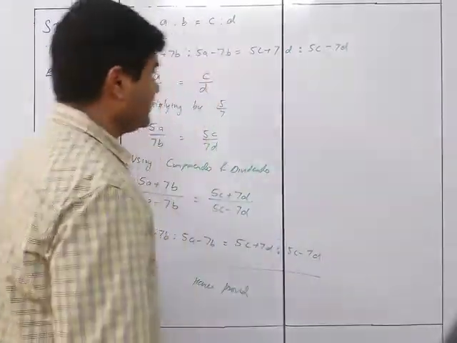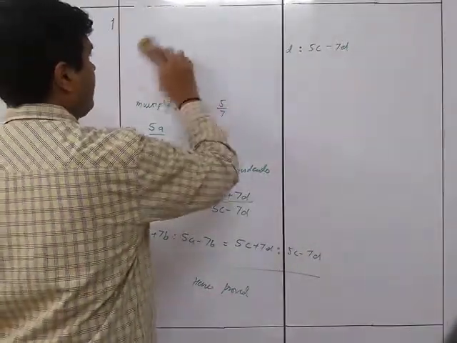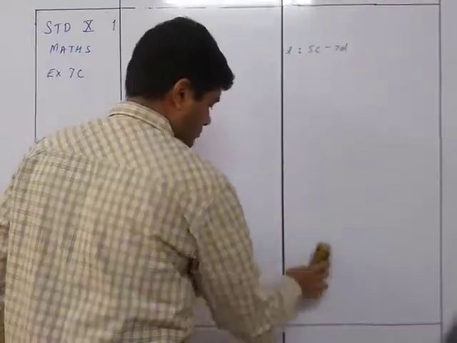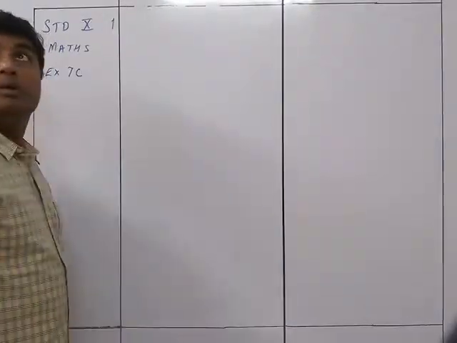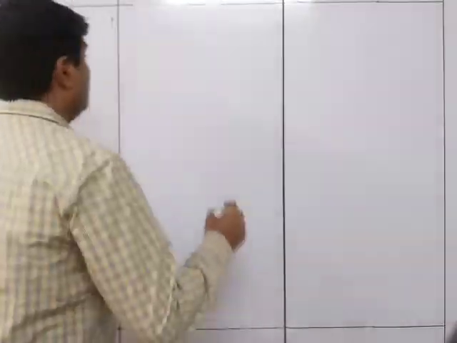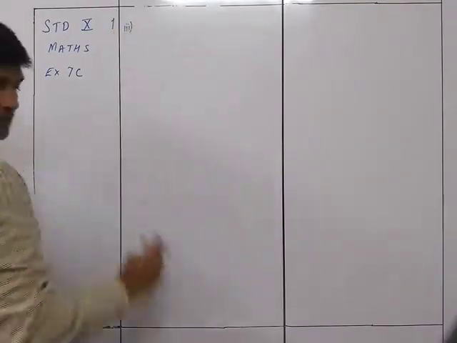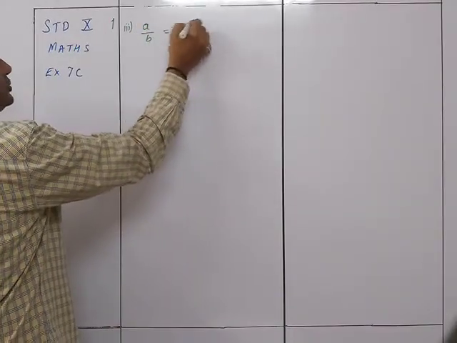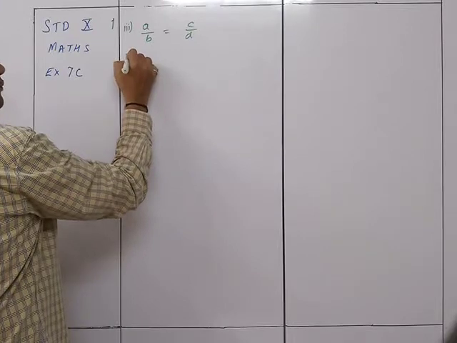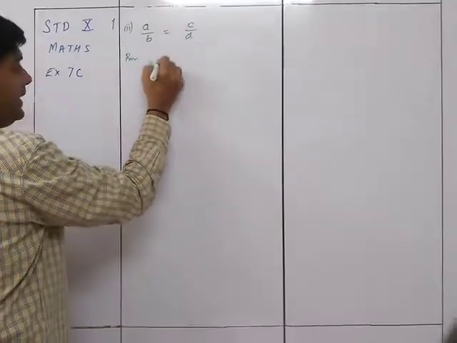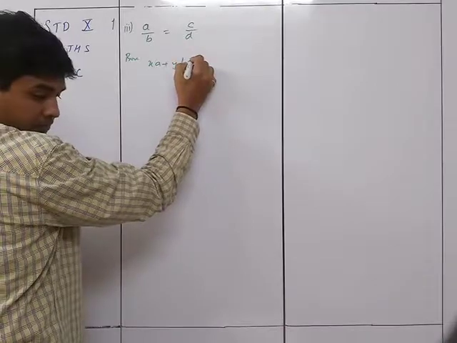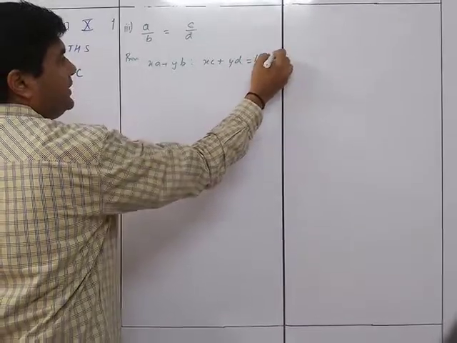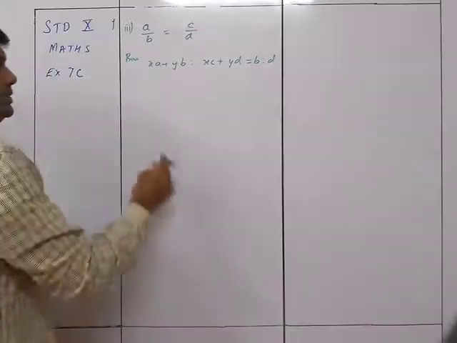Okay, so first ka third. Third sum, you have over here x, you have A upon B is equal to C upon D. Prove that xA plus yB is to xC plus yD is equal to B is to D. Okay, fine.